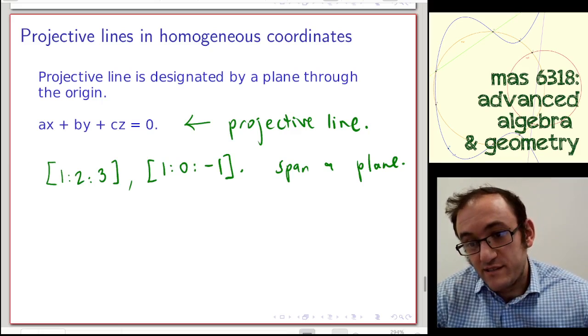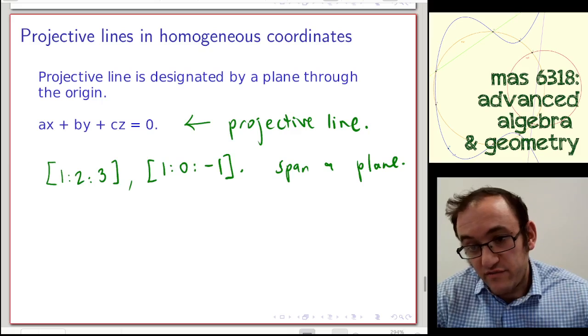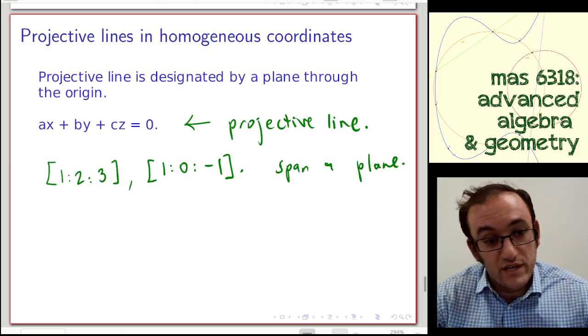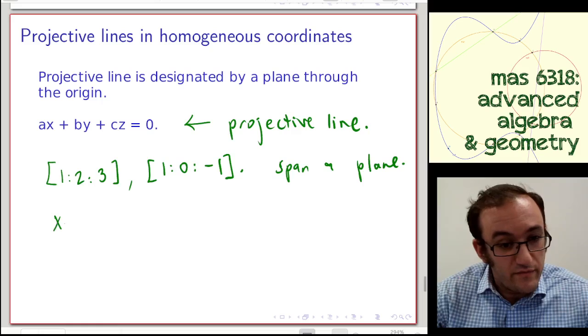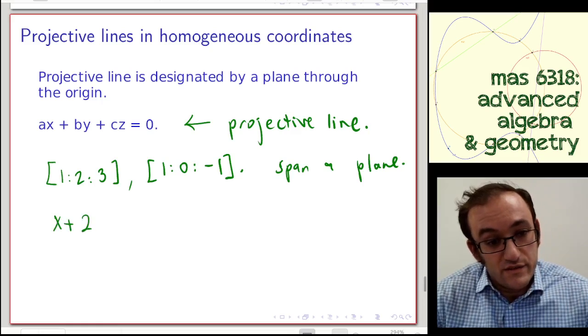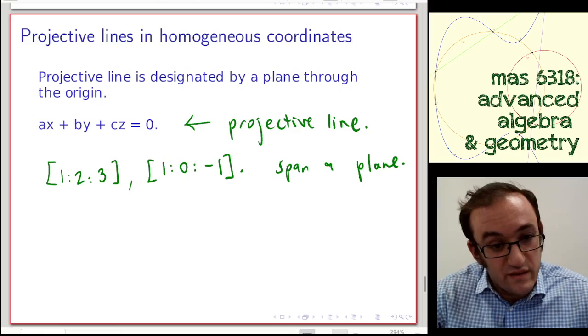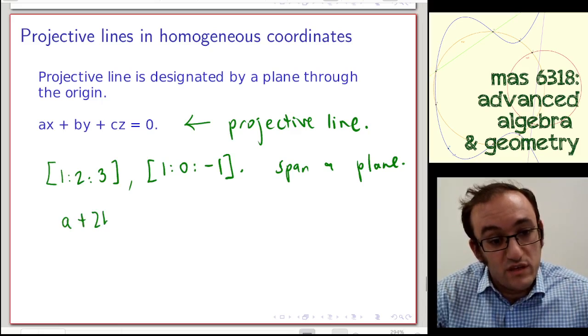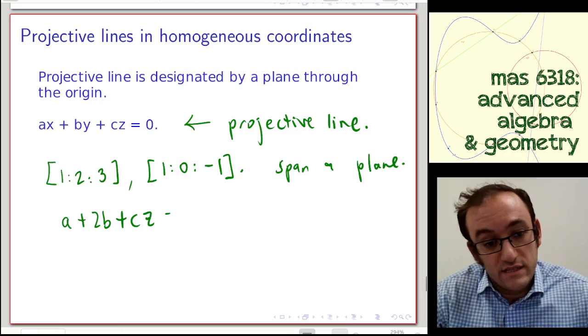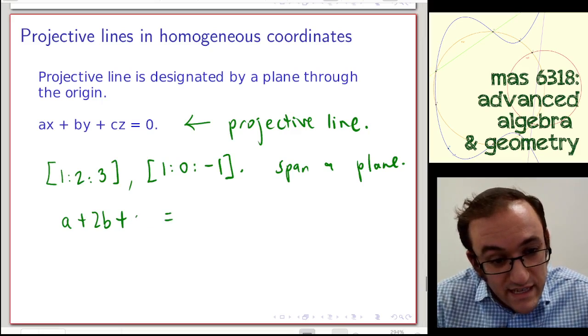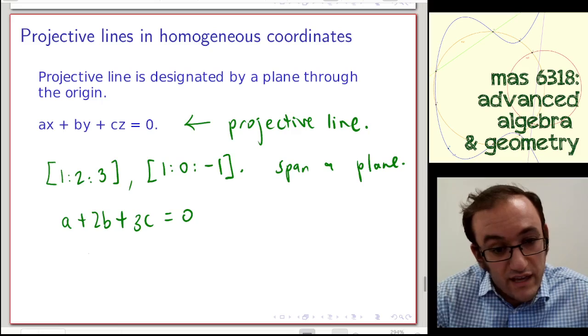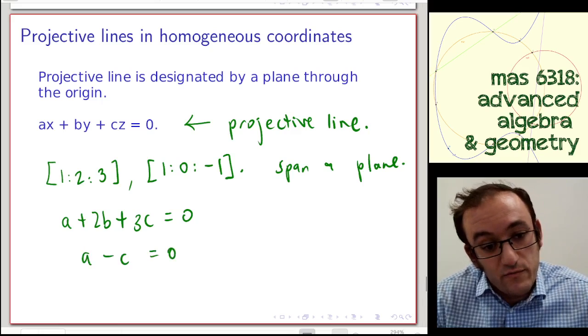So one way to do that is to find a cross product of vectors. Another way is to solve a system of equations. Let's do it that way. So we're looking for the numbers a, b, and c. So we have a plus 2b plus 3c equals 0, and a minus c equals 0.